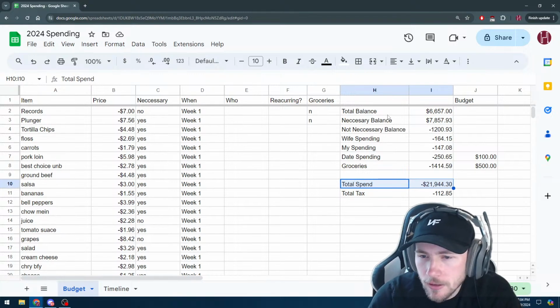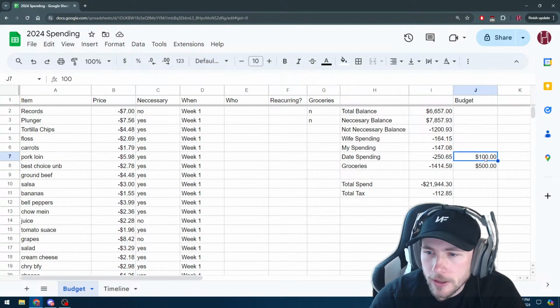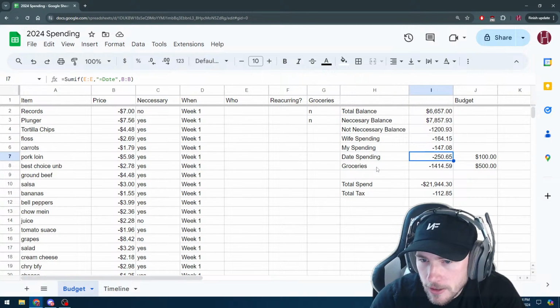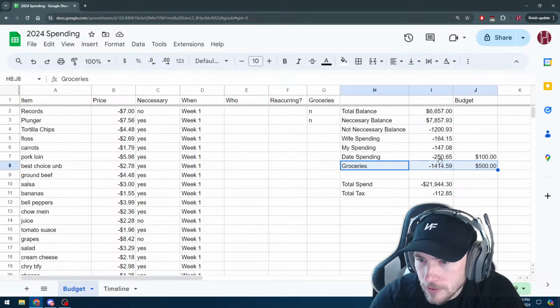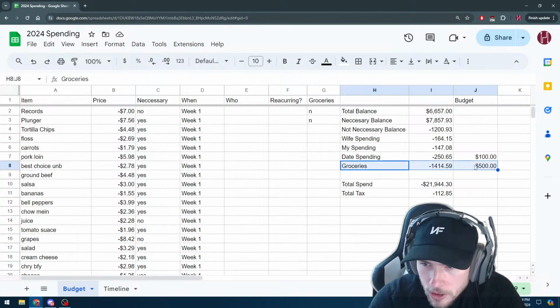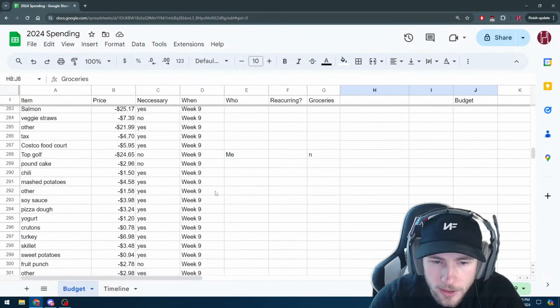Week 11 was almost 3 months, and this budget is monthly. So for date spending, we were almost hitting our 3-month date spend. Groceries, we were just about hitting that as well, which I believe I just calculated everything through week 12.